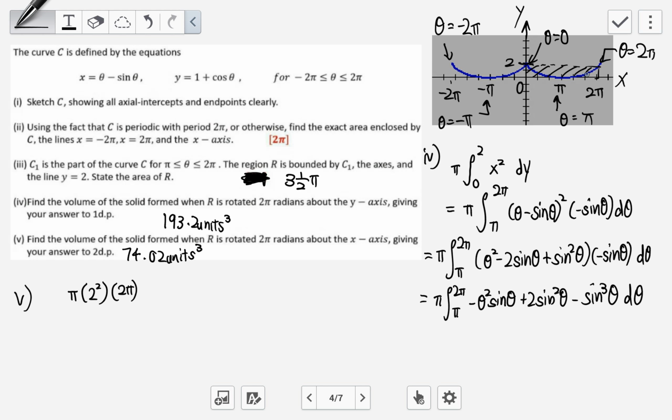But I need to minus away this part, the volume generated when I rotate this part of the curve about the x-axis.